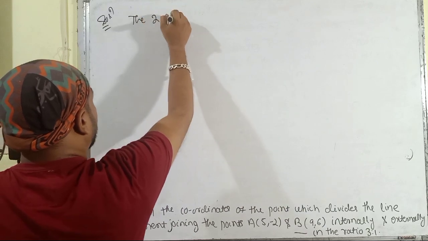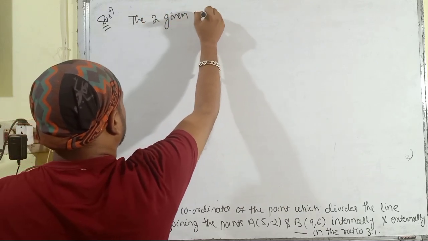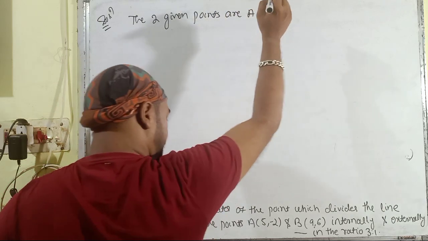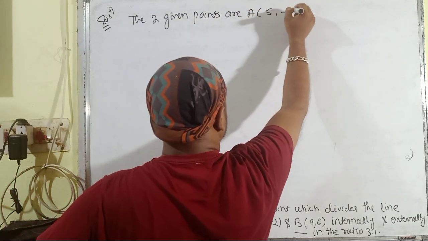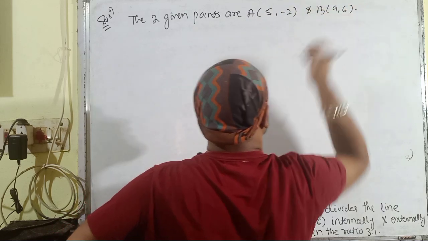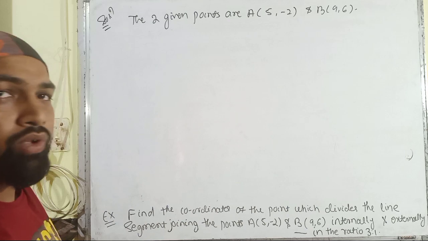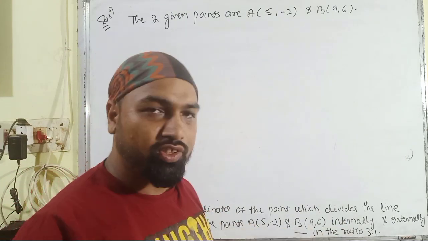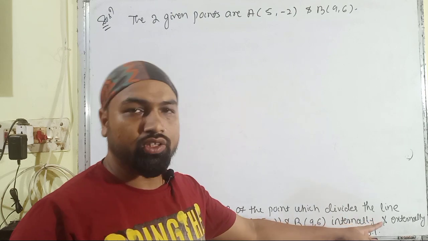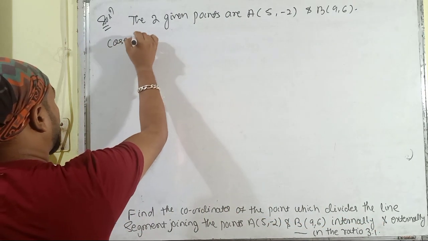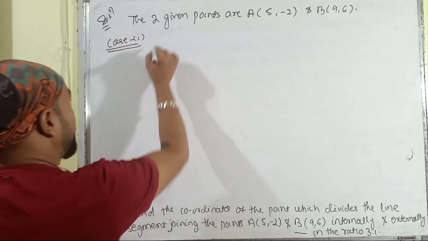The two given points are A (5, -2) and B (9, 6). We have to consider two cases here: case number 1 for the internal division and case number 2 for the external division. Let us first go through case number 1.